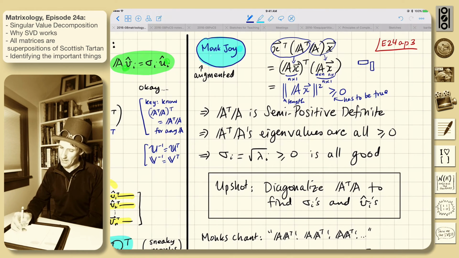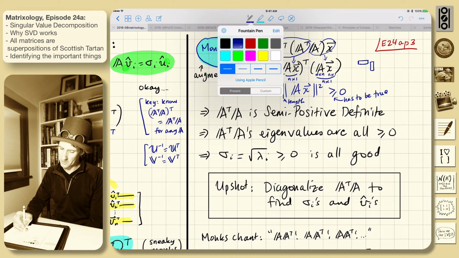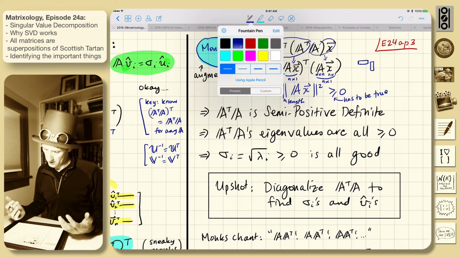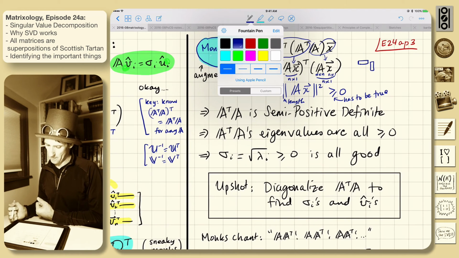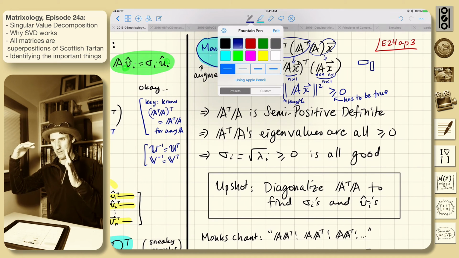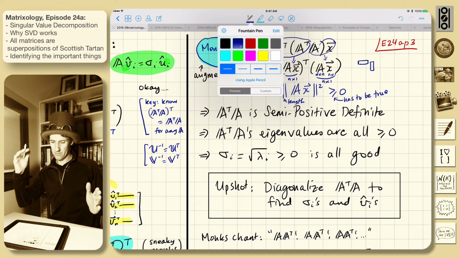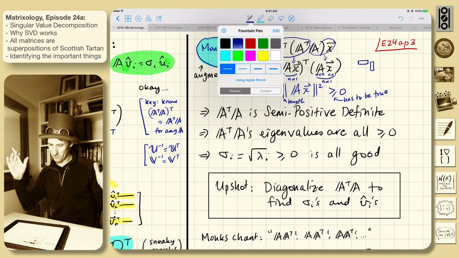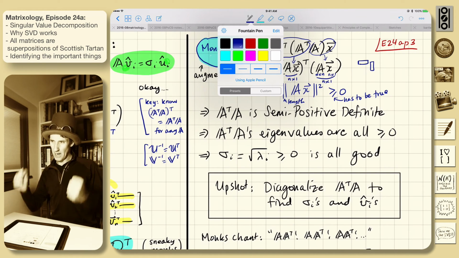So it means that A transpose A is semi-positive definite. Just because of that A transpose A structure, you can show that X transpose A transpose A X is always greater than or equal to 0. That means its eigenvalues are always greater than or equal to 0.